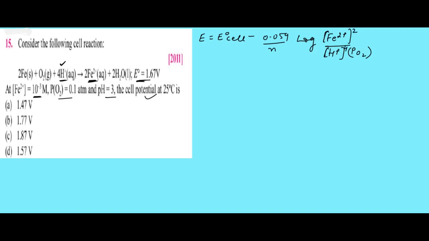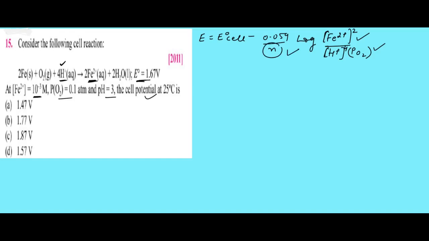Okay, now oxygen, in case of oxygen, there is no coefficient given, so you will not put anything in the power. Okay, now one thing which is missing in this question is the H plus ions concentration. You can see that ferrous ions concentration is given, pressure of oxygen also given. Number of electrons transferred, that is also given.